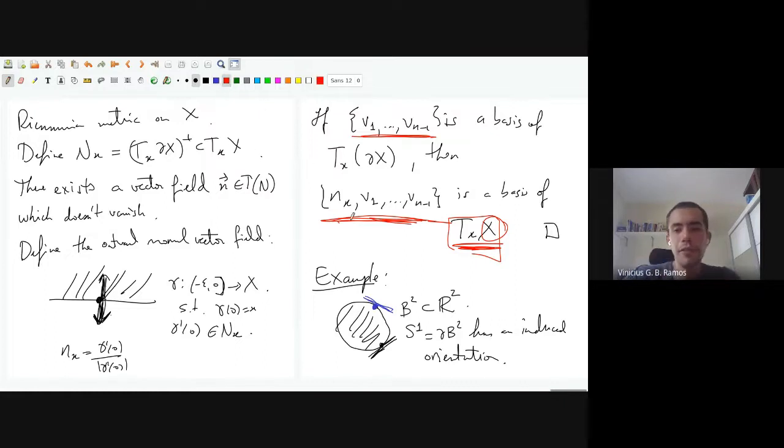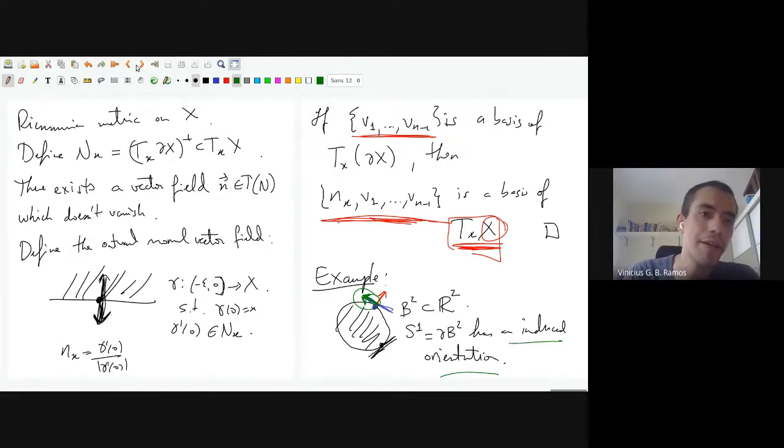So the outward normal is pointing this way, and that's the first vector. So if I want a basis that's well-oriented with respect to R2, I have to choose this one and not the one going the other way. So I have two choices, but I have to choose the one that I just drew that points this way. So this green one is the induced orientation.